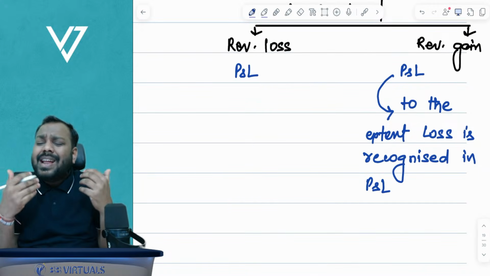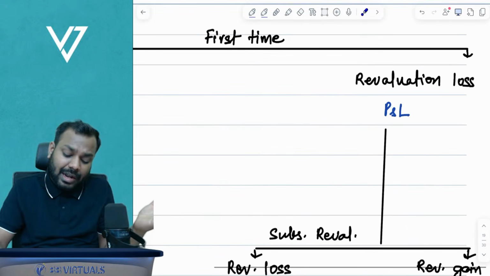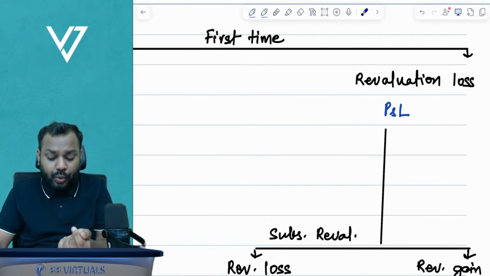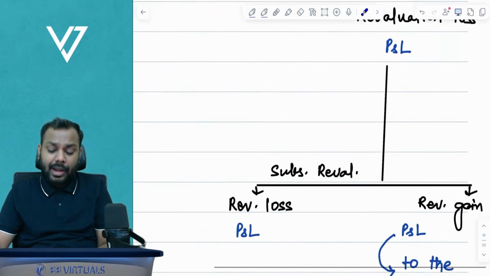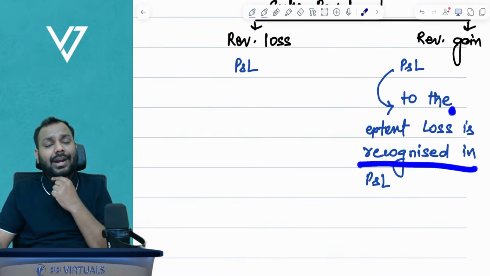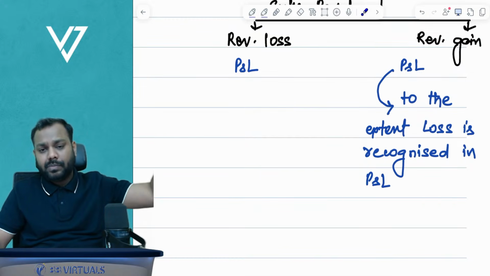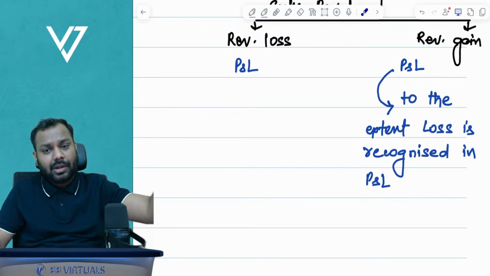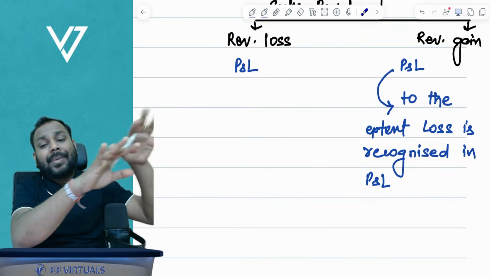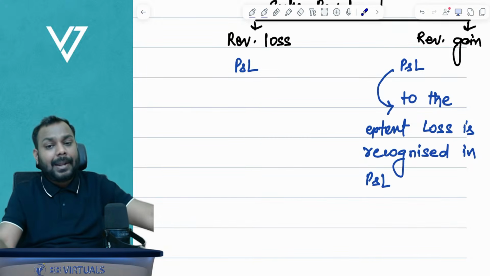But since we didn't have any balance in the revaluation reserve, we had to transfer it to P and L. Now as we get a gain, the standard is saying whatever loss you have recognized in P and L, first of all, that amount of gain should be transferred to P and L to compensate for the loss, to nullify the P and L impact.